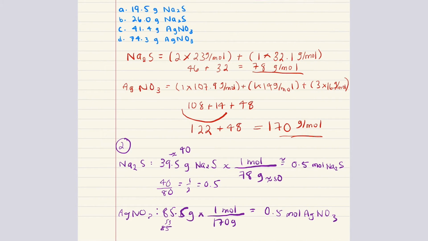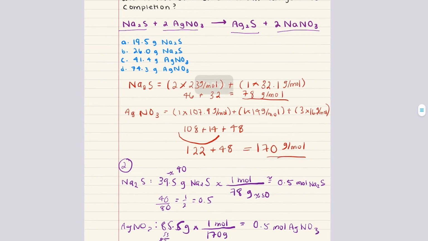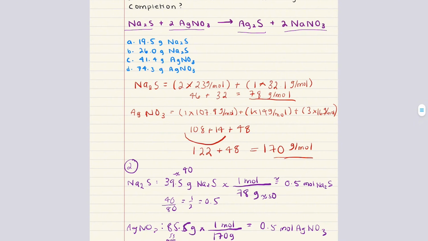Now that we have the moles of each reactant, let's reference back our actual chemical reaction. This balanced equation we were given shows that we have 1 mole of sodium sulfide and it reacts with 2 moles of silver nitrate. So let's think about this.